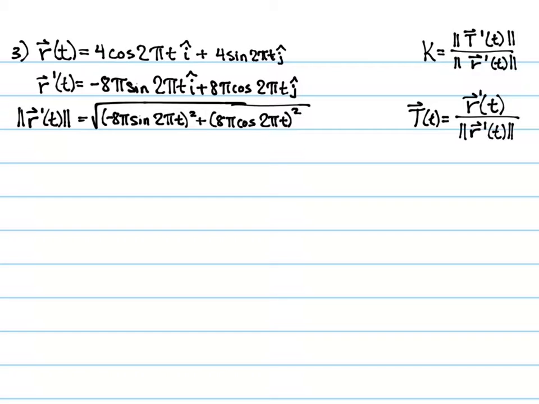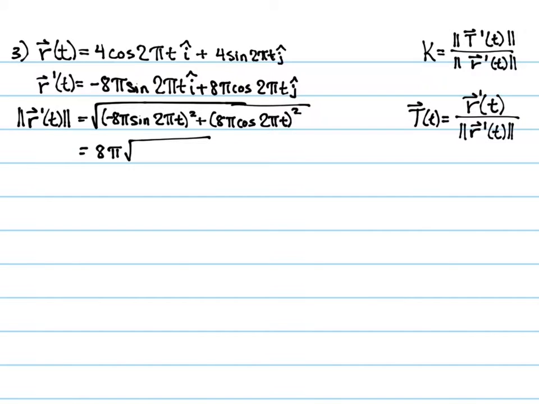When I do this, everything becomes positive, so there's not going to be a negative 8 pi. They're both just going to have an 8 pi. The 8 and the pi both get squared, but then there's a square root. Does everybody see that? There's a 64 pi squared in each of them, and if I take the square root, it would come out as 8 pi.